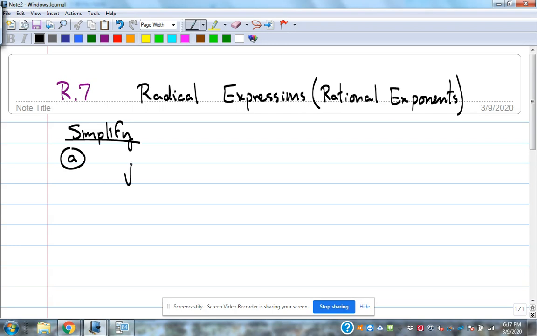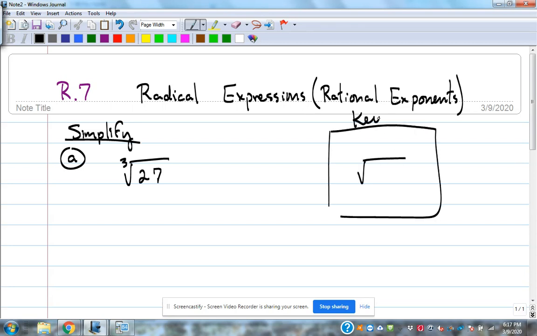So let's simplify the cubed root of 27. And here's how the rational exponent relates to an indexed root. This is the key over here. Whatever n, that's an n right there.